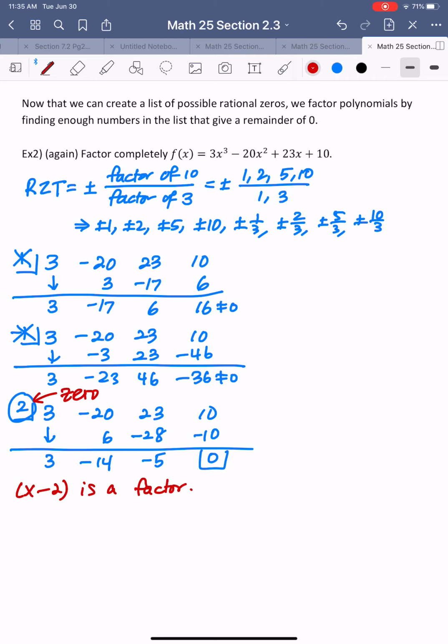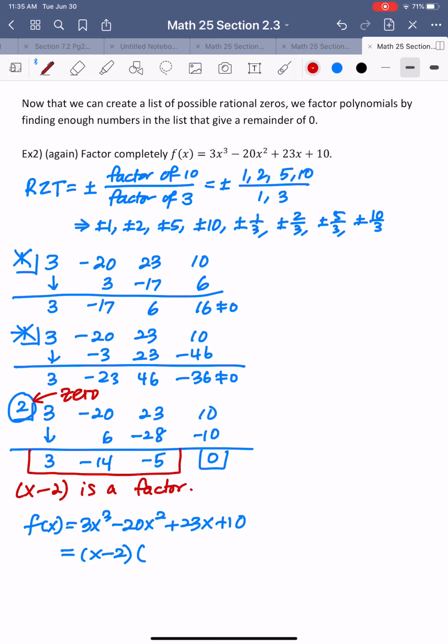Now, we have a polynomial function, which was 3x cubed minus 20x squared plus 23x plus 10, and now it becomes x minus 2 times, and then we are using this form as a quadratic, so 3x squared minus 14x minus 5.